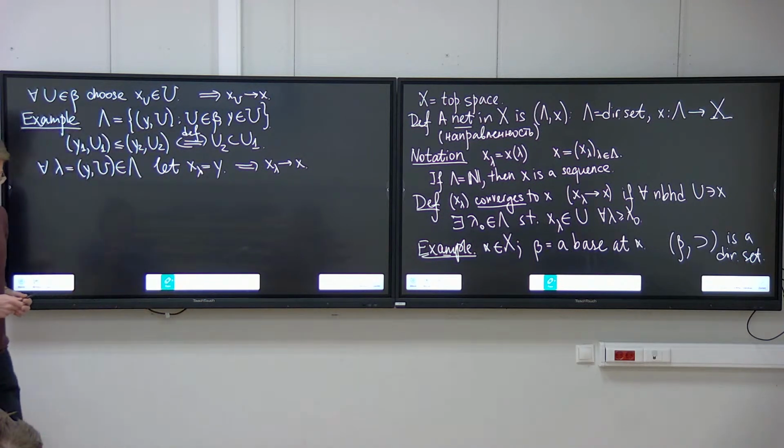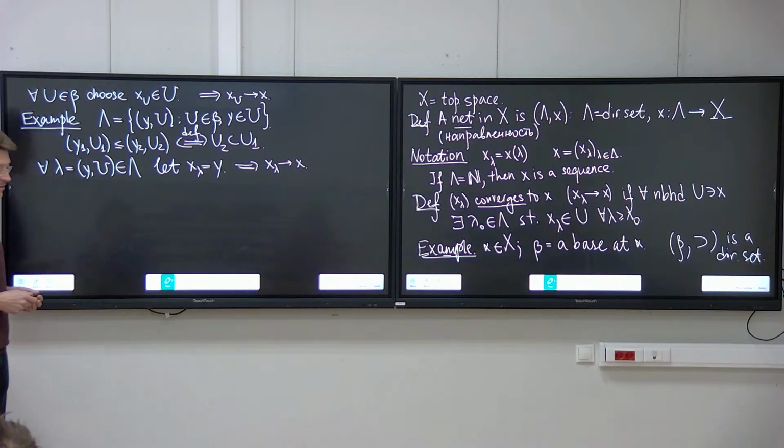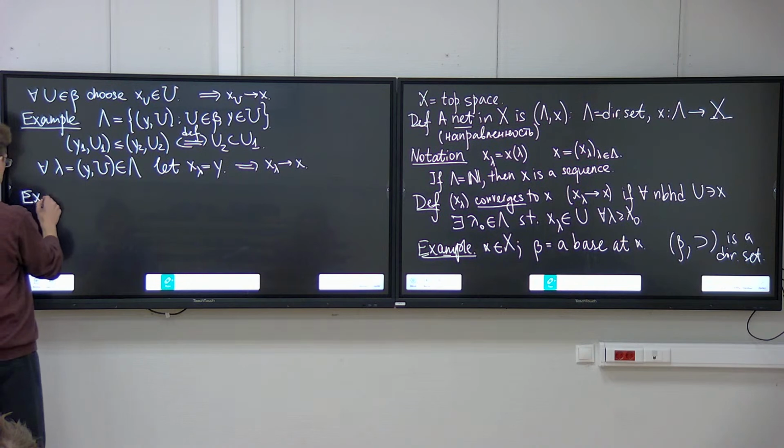The main advantage of nets, as compared to sequences, is that they encode the topology in our space, in the sense that once we know which nets converge, we can reconstruct the topology. This follows from the following standard exercise.